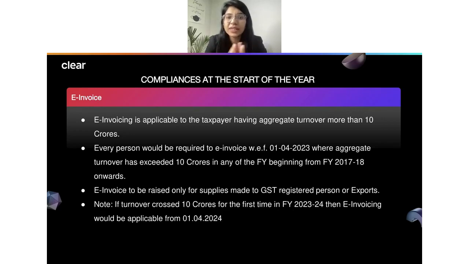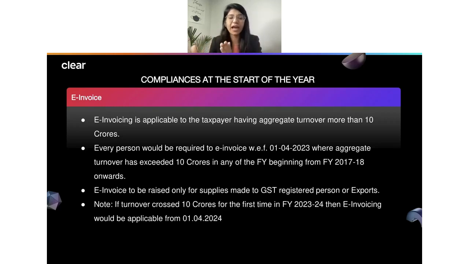And when we look at this aggregate turnover, it's not only for the previous financial year, it starts from 17-18. Which means if your aggregate turnover exceeds 10 crore in any financial year, be it 17-18, 18-19, 19-20, 20-21, 21-22 or 22-23, other than the cases covered under the exemption, for example a banking company, or maybe a GTA, e-invoicing is not applicable.